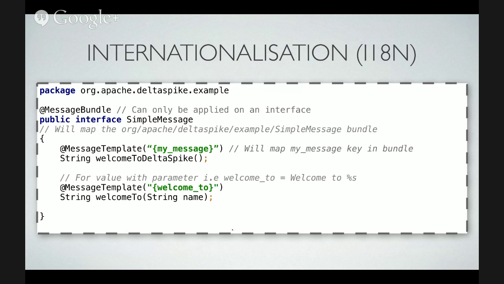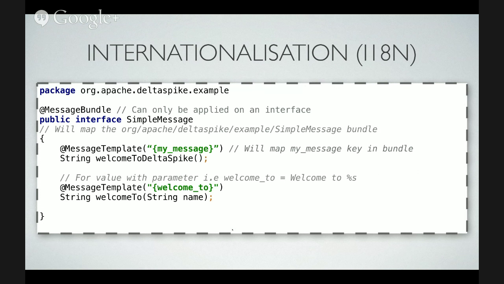Next feature is about internationalization. You've got support for message bundles in DeltaSpike. This support is done by using the @MessageBundle annotation that you apply on an interface. In this interface, you will add all your messages, and the property file will be built according to the name of the interface.